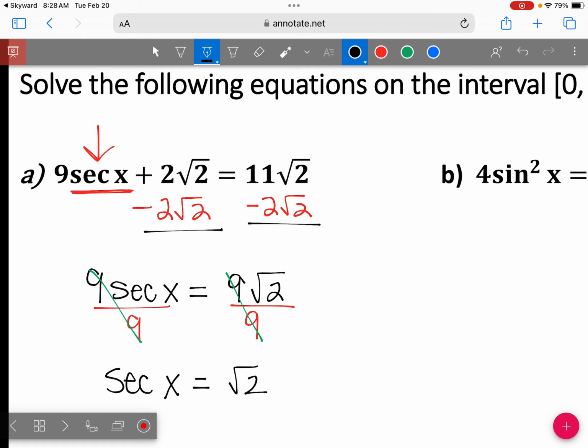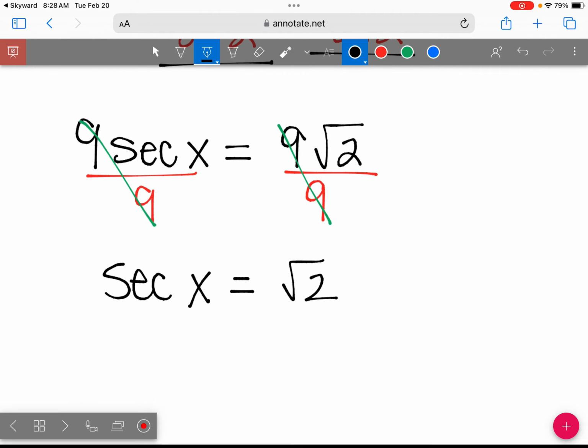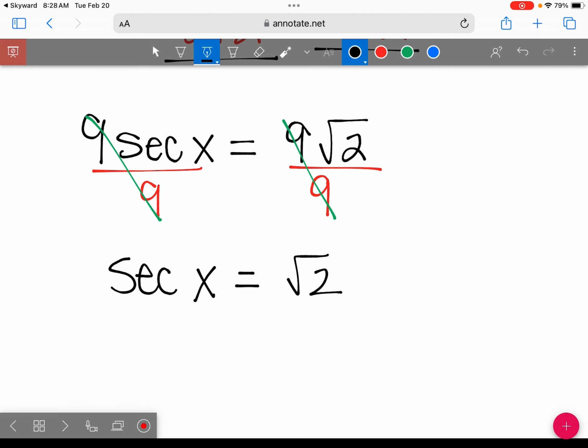So I recognize that this is the same as cosine of root 2 over 2. And that's what I recommend you do on the test. If it's secant, let's write it in terms of its sister. So we know secant is the sister to cosine. So this is the same thing as saying cosine of x equals, you're going to flip that.